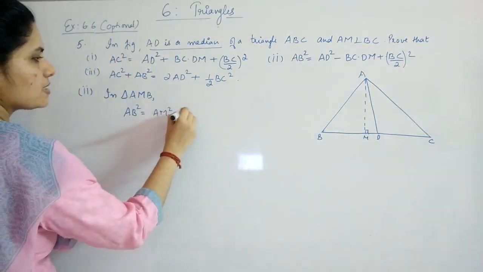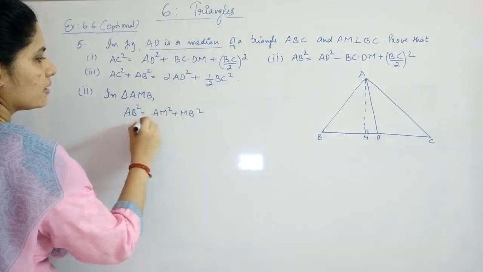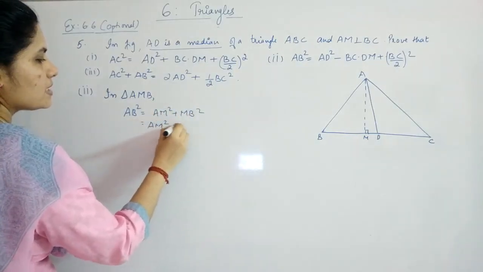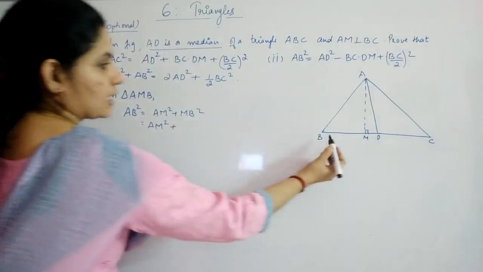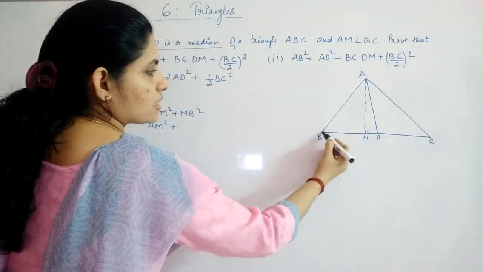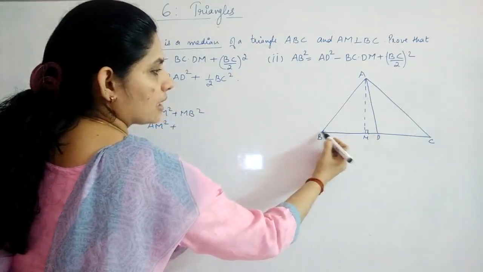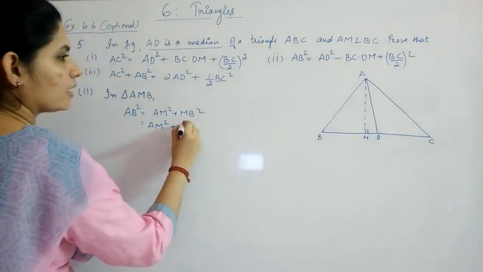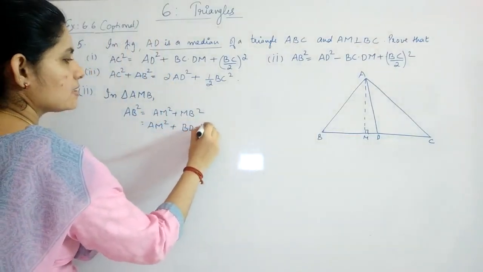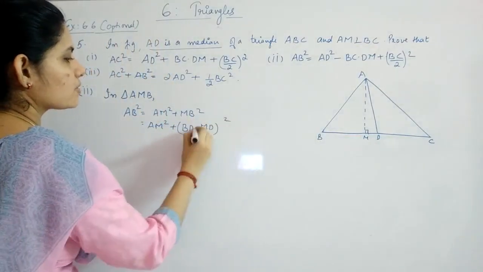Now we will be replacing MB. MB can be rewritten as BD minus MD, the whole square.